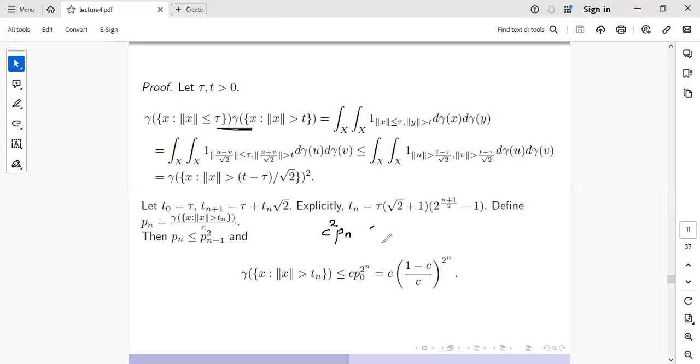And we estimated it as the measure of the complement of the ball. I need to subtract tau and divide by root of 2, but then I will get T(n-1). So it is T(n-1) squared, which is equal to C squared P(n-1) squared.